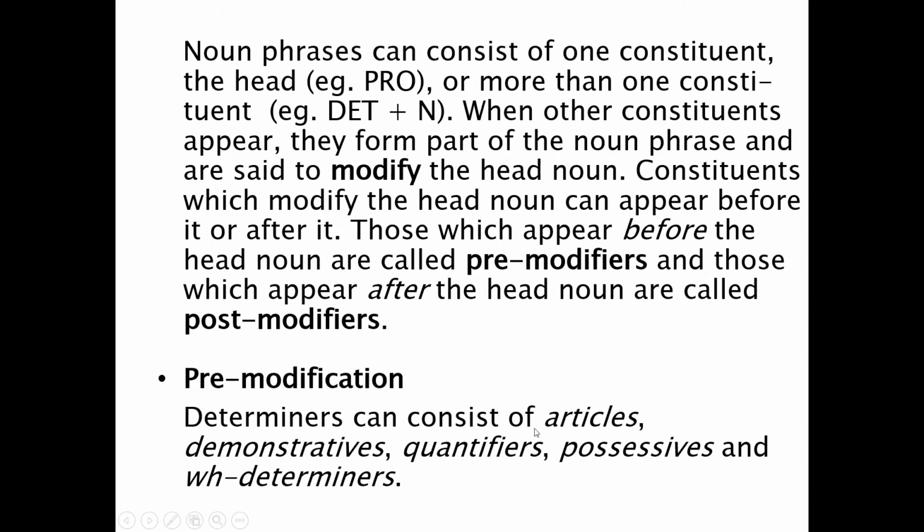Pre-modification determiners can consist of articles, demonstratives, quantifiers, possessives, and WH determiners. You can say this man, that man, some people, 70 people, 70 discs, okay, my book, etc. Which book, okay, which man, and so on.